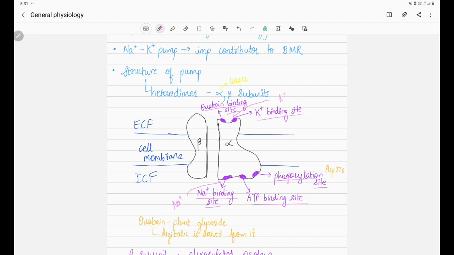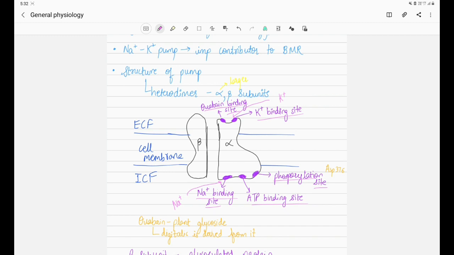There's something called the ouabain binding site. Ouabain is a plant glycoside, and digitalis is derived from ouabain. This digitalis binds to the ouabain binding site. What is digitalis? I know you have not started doing this and you don't know much at the start, but digitalis is a drug that strengthens the contractions of the heart muscle.